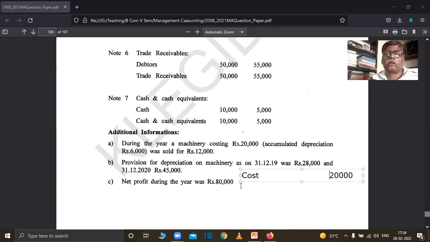So you deduct depreciation. Less depreciation. Depreciation charged is 6,000.